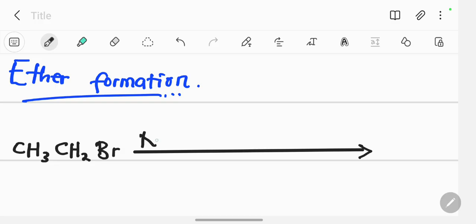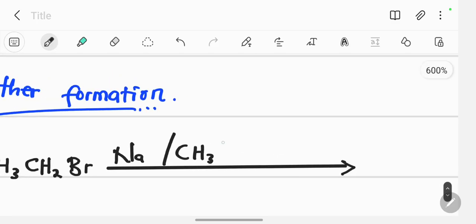So I'm having sodium there. When I add in CH3 and CH2, OH, then I add heat.